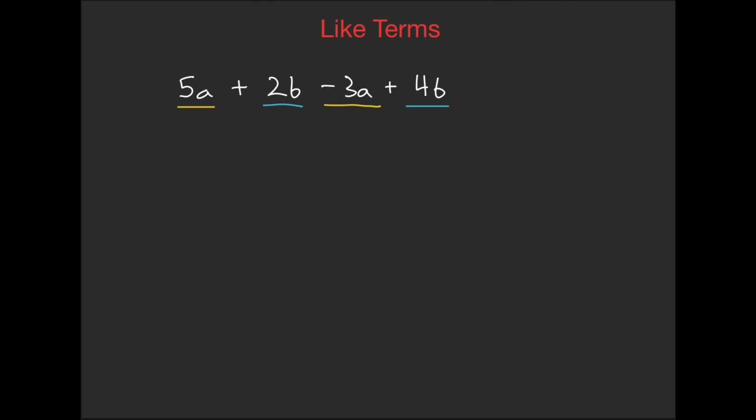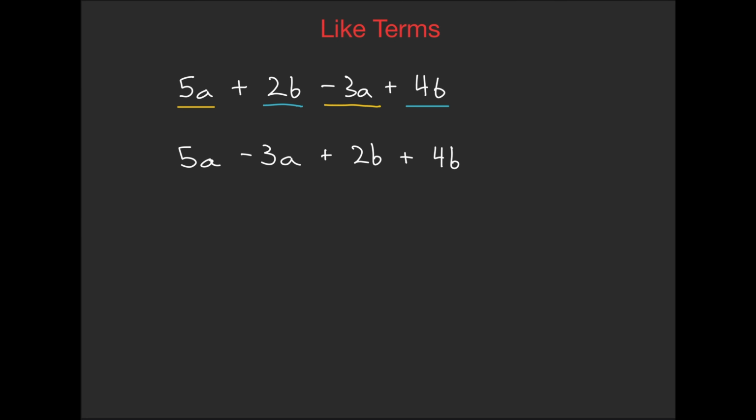If we organize them together, we'll have 5a minus 3a. And I want you to notice that the minus sign next to the number here stays with it. So always look at the sign to the left of the term, and whenever you rearrange the expression, you want to take that sign with it so that you do it properly. So in this case, 5a minus 3a, and then plus 2b plus 4b.